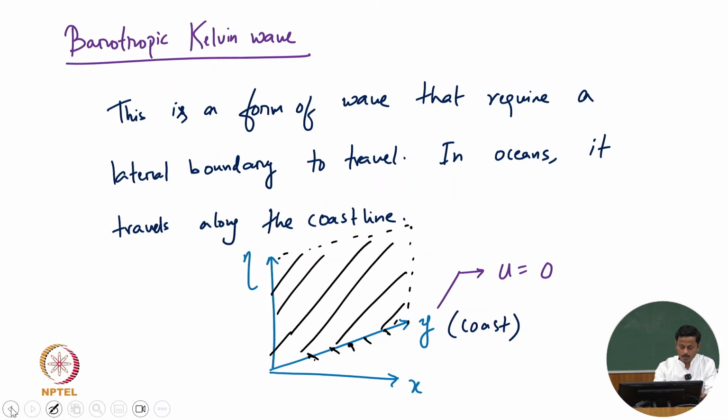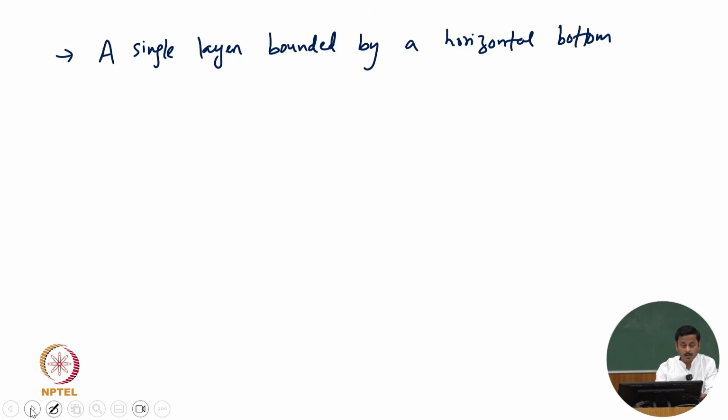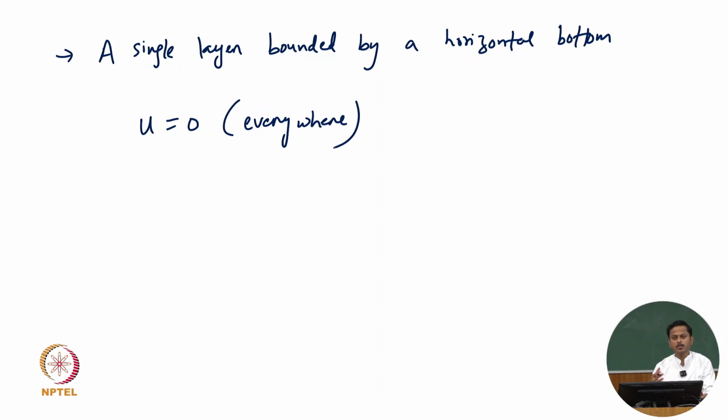Remember I said u equal to 0 at the coast is a necessity for the boundary condition, but the insight of William Thomson, who became Lord Kelvin later on, was to look for solutions where u is equal to 0 everywhere. Remember the difference, it's not only at the coast. Let's see what happens if we do that.